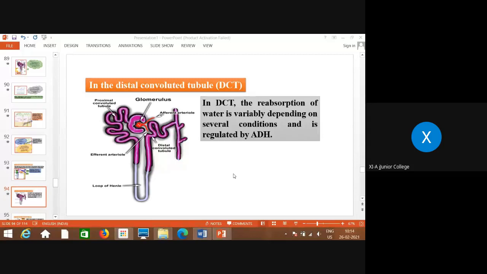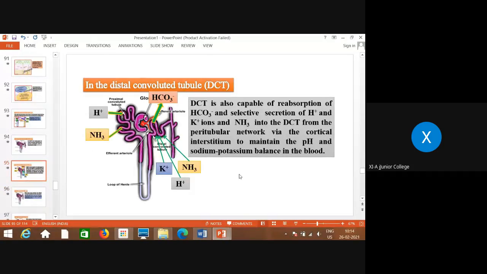So the last part of DCT is where ions like K plus, H plus, NH3 etc. can be secreted. So there is reabsorption of HCO3 and selective secretion of H plus, K plus ions and NH3 into the DCT from the peritubular network via the cortical interstitium.